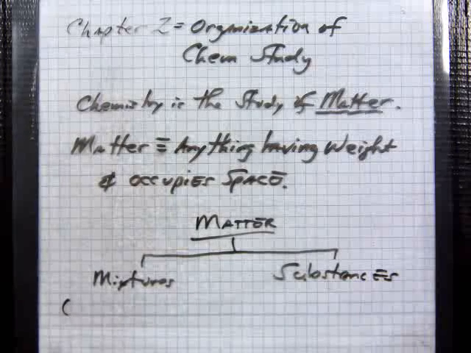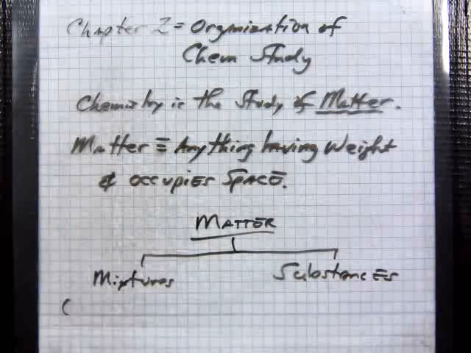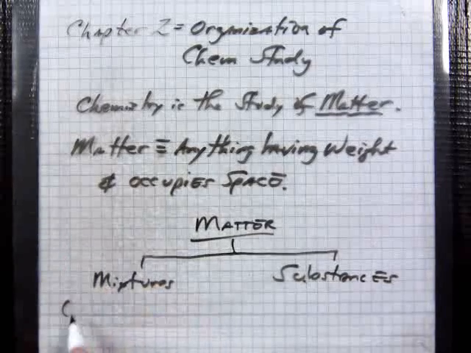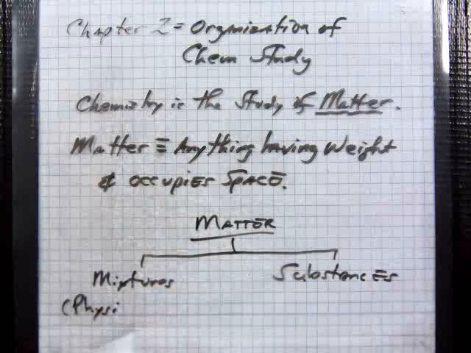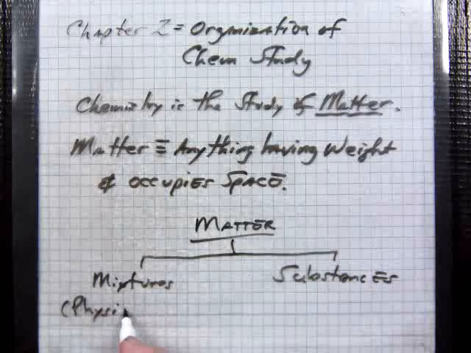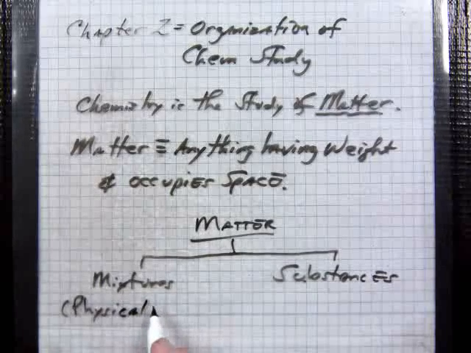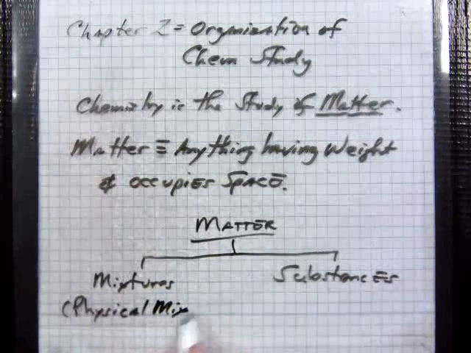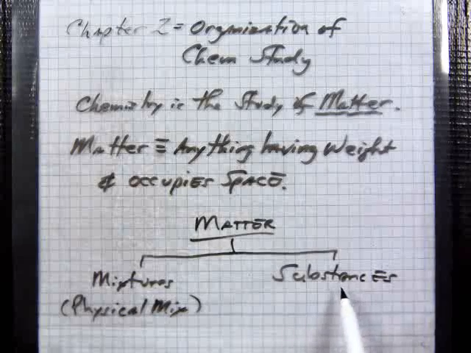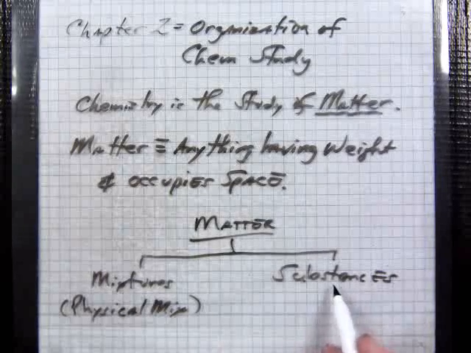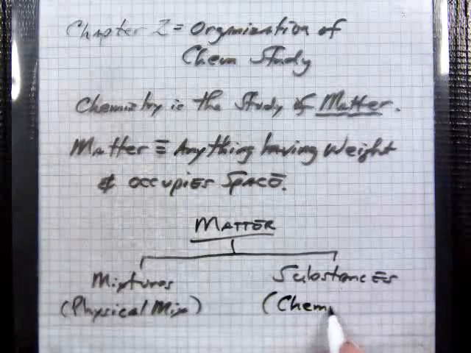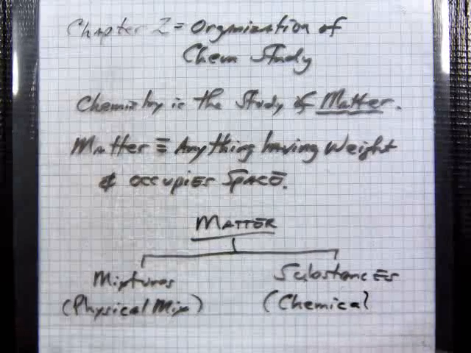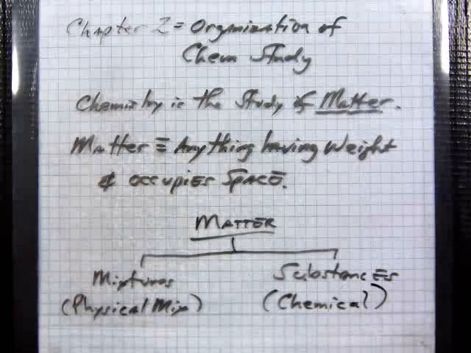When we speak of mixtures, the essence is a physical combination of chemicals or items, if you want to get esoteric about it. When we talk about substances, on the other side of this diagram, we're talking about a chemical process and what have you.